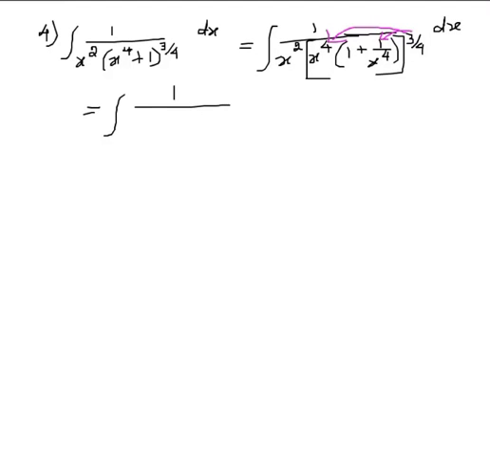Therefore, integral 1 divided by x square into x power 4 whole power 3 by 4. 4 and 4 could be cancelled, so we get x cube. And then 1 plus 1 by x power 4 whole power 3 by 4 dx.